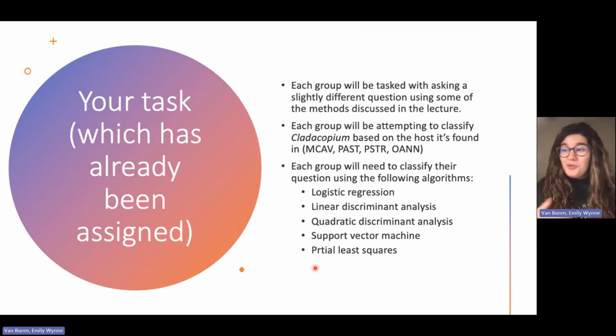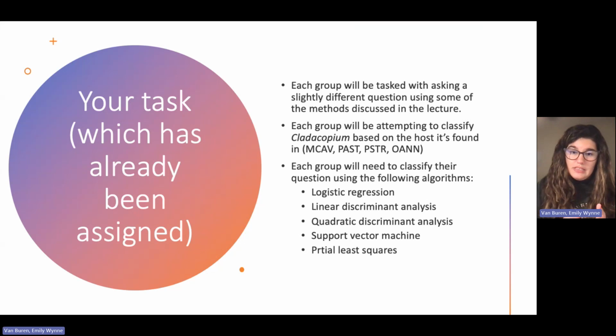So your task, which has already been assigned, is that each group will be tasked with answering a slightly different question using some of the methods that were discussed in the background that I gave prior. Each group will be attempting to classify Cladocopium, so clade C, based on which host it's found in.